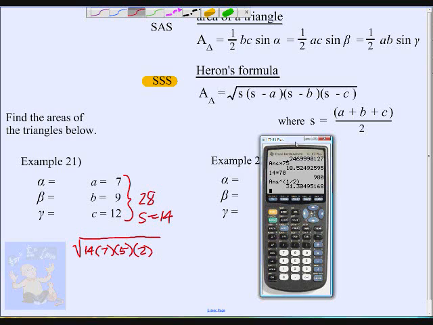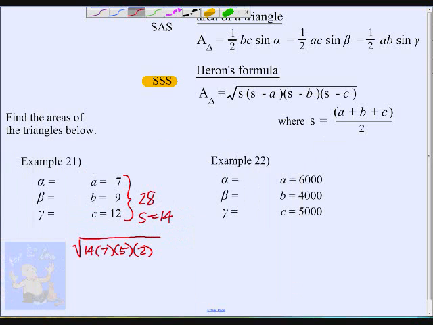And our answer is 31.3. I'm never patient enough with a point. 0.3 units squared.